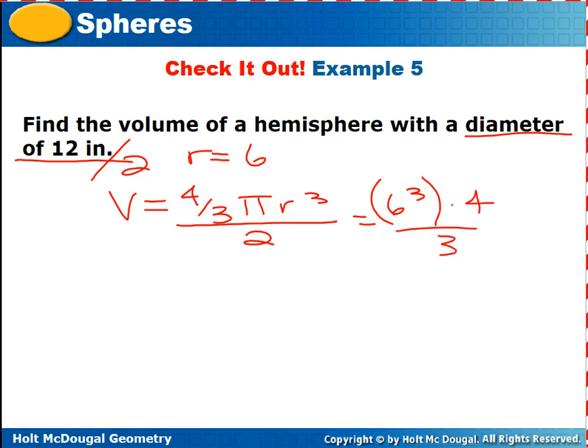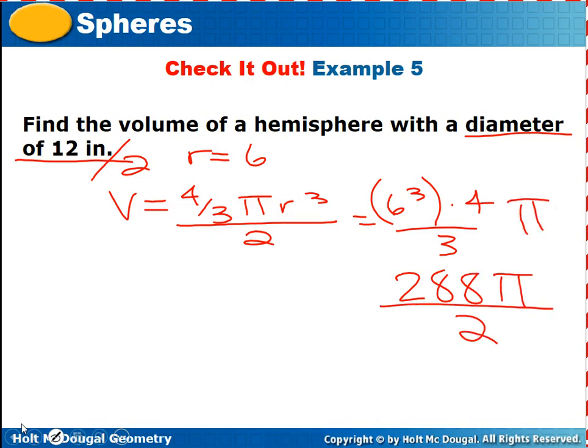That's going to give us our volume for our sphere. So that's going to give us 288 pi, because this was still multiplied by pi up here. Then we're going to divide that volume by 2. Remember, this up here, we were going to divide it by 2 because we got a sphere there and we need to find a hemisphere. So our volume is 144 pi, and our unit, again, was inches, so this is going to be inches cubed.